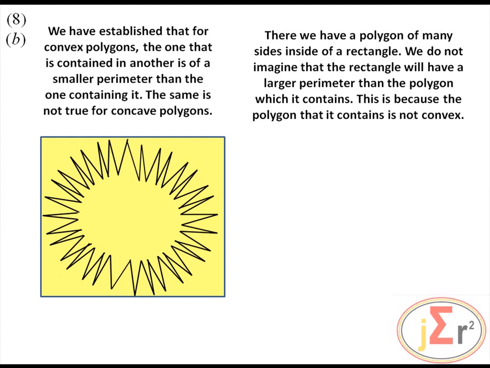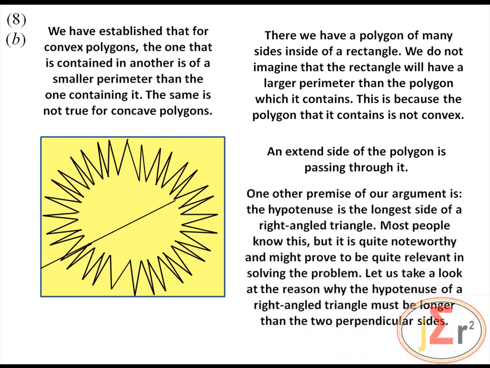So because it is concave, it is possible that it will have a larger perimeter. So we extend one side and we realize that the side is going through the figure. So an extended side of the polygon is passing through it. So we are sure that it is concave, not convex.